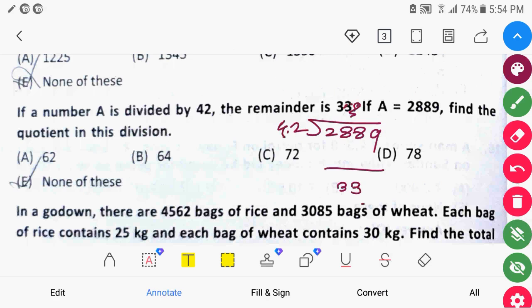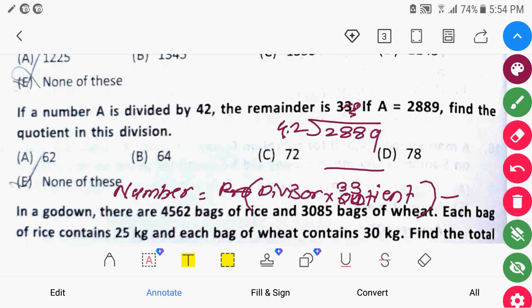Now see, the number is nothing but the product of divisor and the quotient plus remainder. Okay. Now here the remainder is 33. So first we have to subtract this remainder from the dividend, which is 2889.